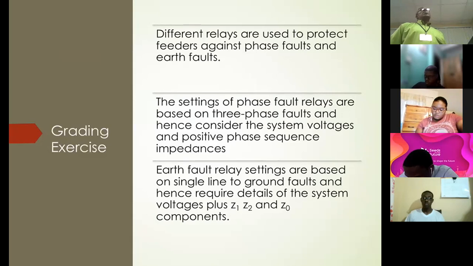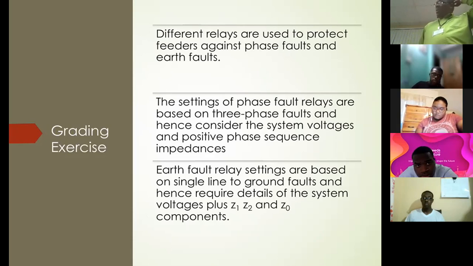And for your 3-phase fault current, even though we didn't do any such calculation, you would have seen it in the lab. For your 3-phase fault current, you're going to need just the voltage and the positive sequence values. For your earth relay setting, you're going to need your single line to ground fault information, and that would then be based on the voltage and your positive, negative, and zero sequence components.